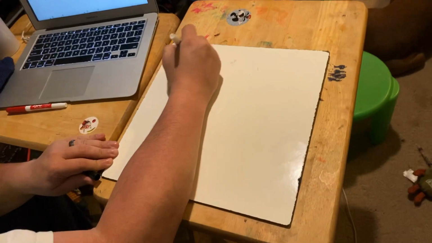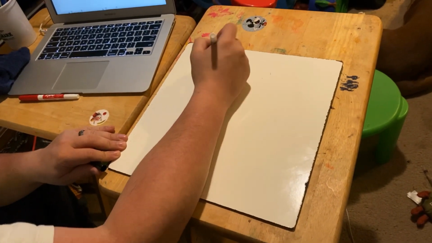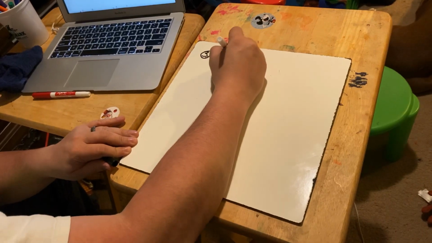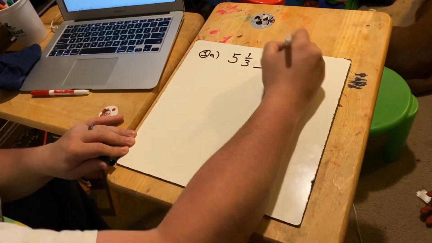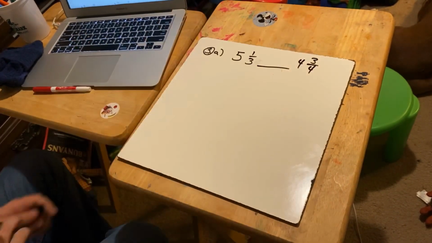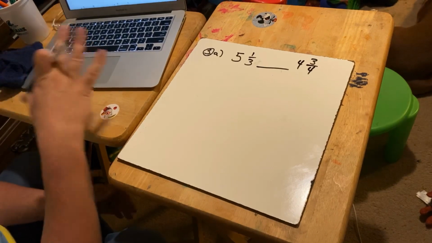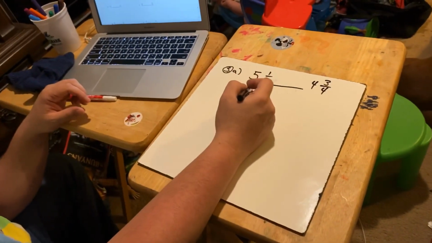So for 3a, I have 5 1/3 blank 4 3/4. Well, in this case, we can ignore these fractions right here because we already know that our whole numbers are different.